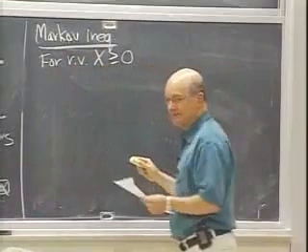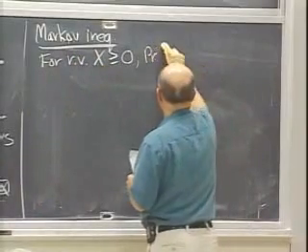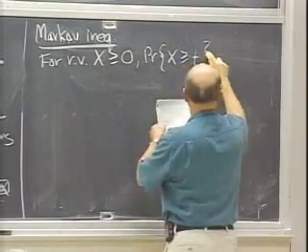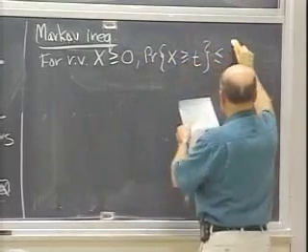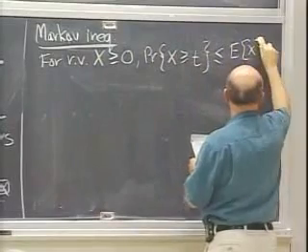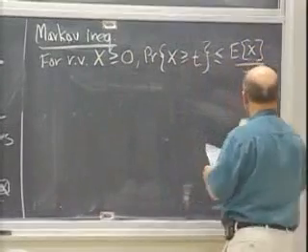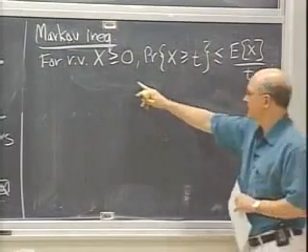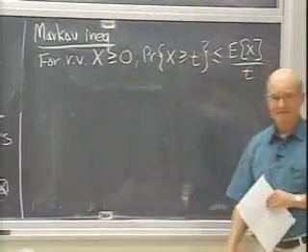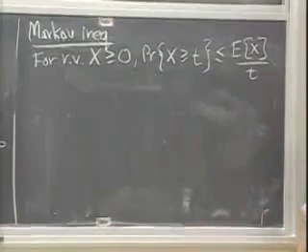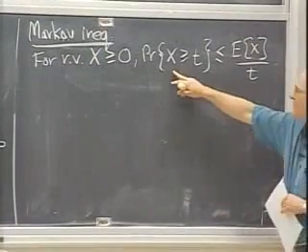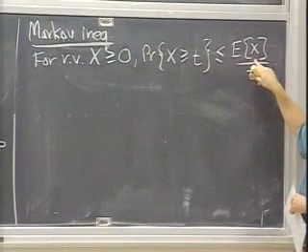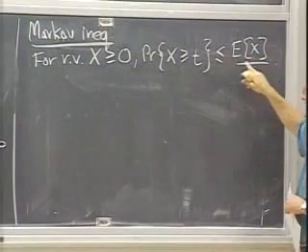For a random variable x which is bounded below by 0, the probability that x is greater than or equal to any given value t is less than or equal to the expectation of x divided by t. It's a great fact. It doesn't hold if x isn't bounded below by 0. But it allows me to relate the probability of an event to its expectation.